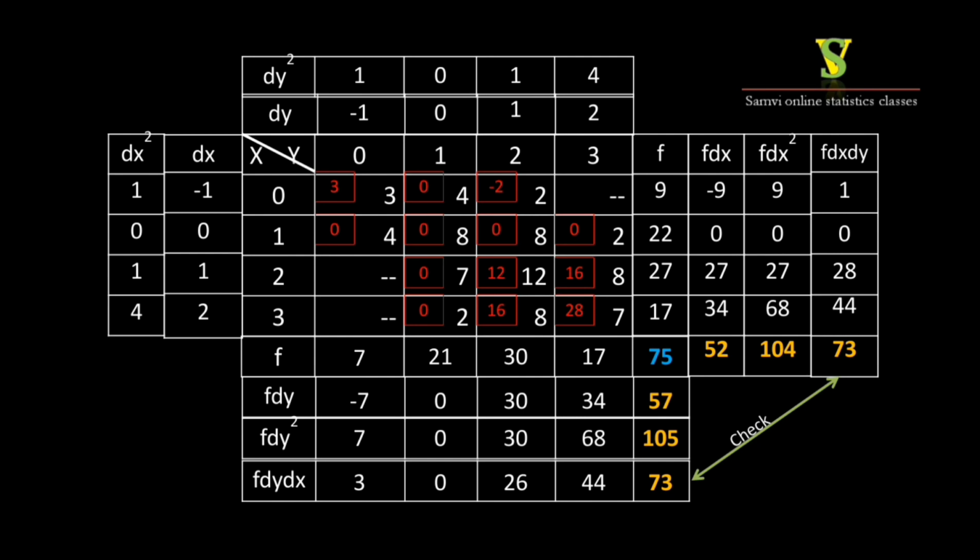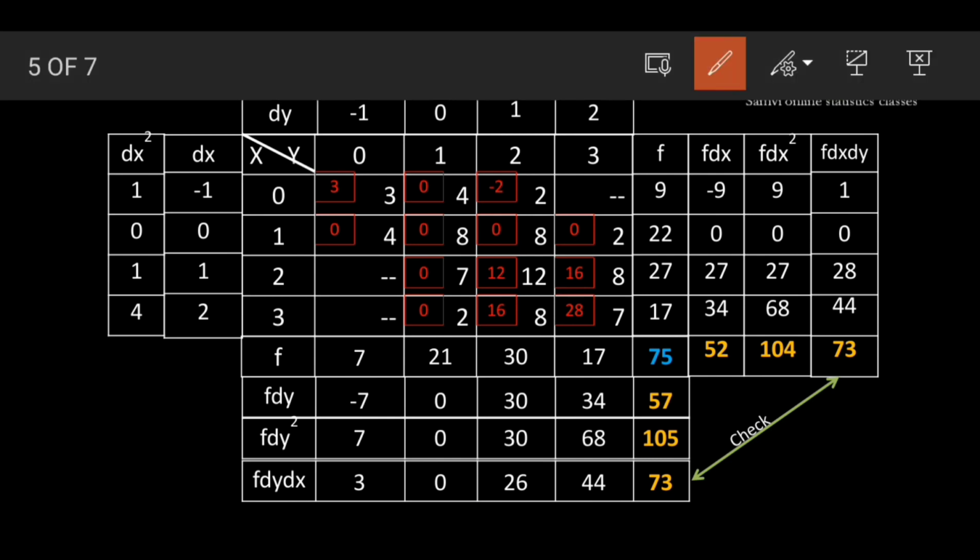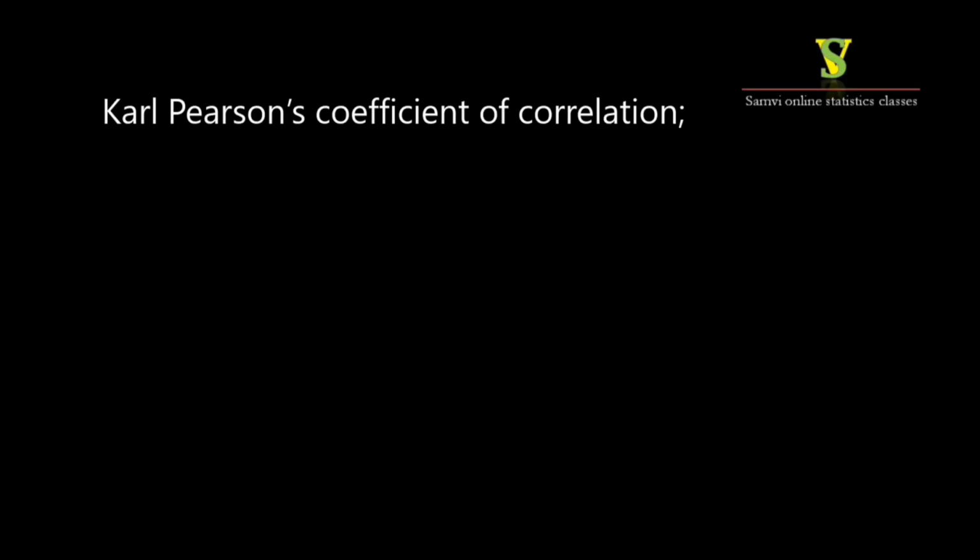Next step is finding what is Karl-Pearson's coefficient of correlation. In this example, we have already calculated f dx square, f dy square, f dx dy and f dy dx as well as n value. So once you know all these values, the next step is finding Karl-Pearson's coefficient of correlation.